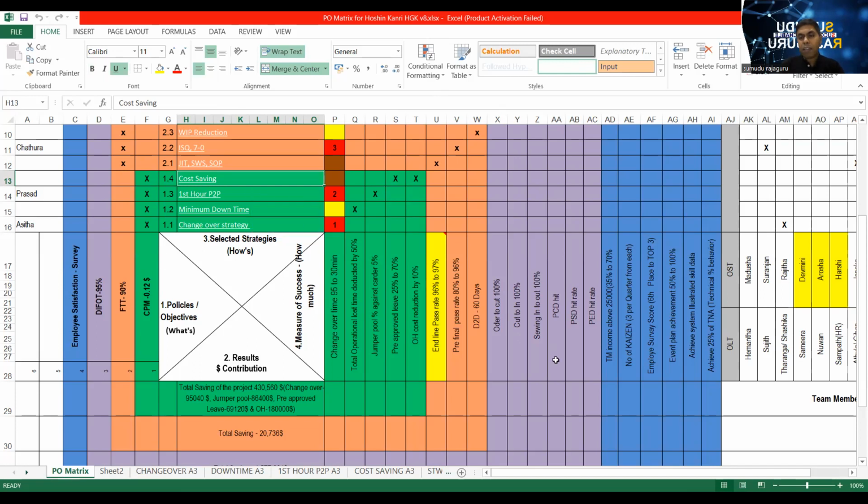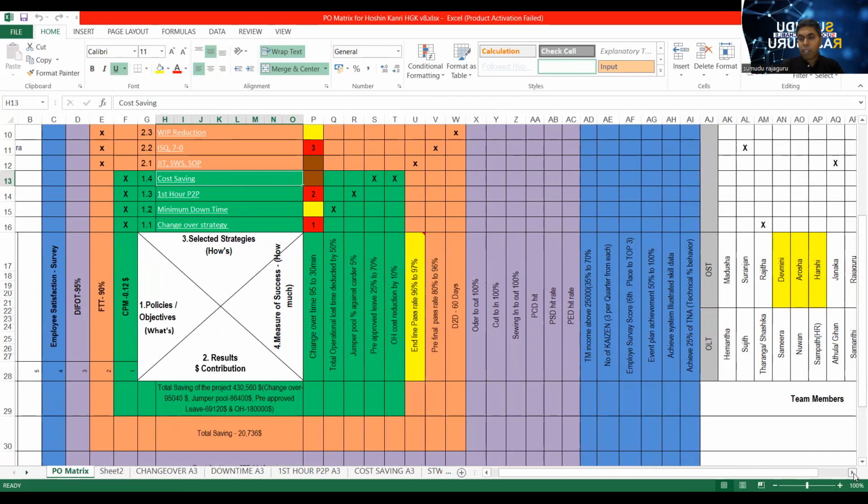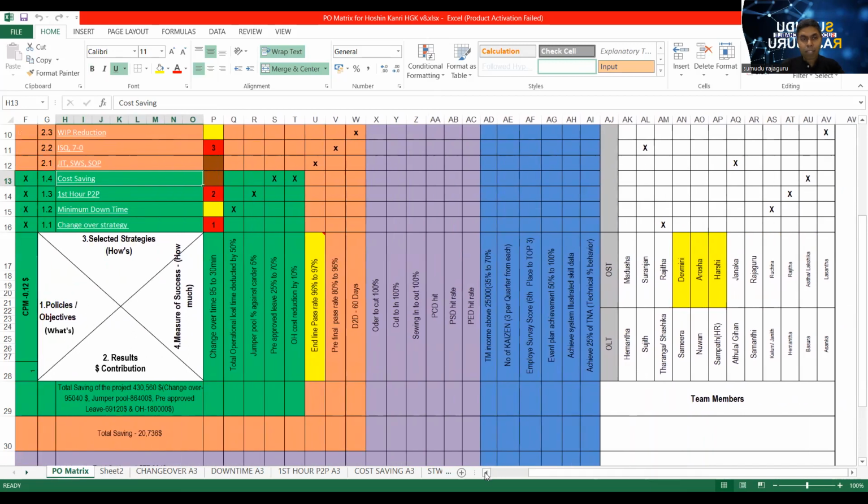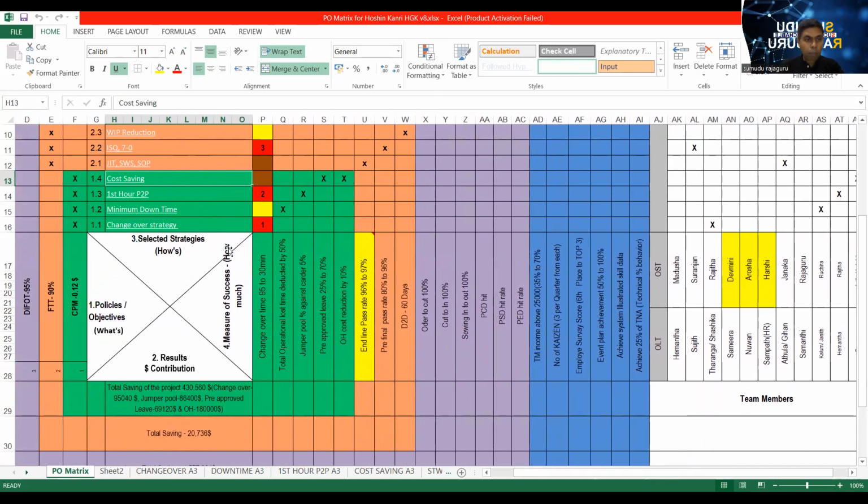In the Hoshin X matrix, we can also put the responsibilities. Here we have put the responsibilities. As an example, when we talk about the changeover strategy, you can see when we come through this row, this is the cross mark. Cross mark means the connectivity. There are a few members responsible for that activity, that project.